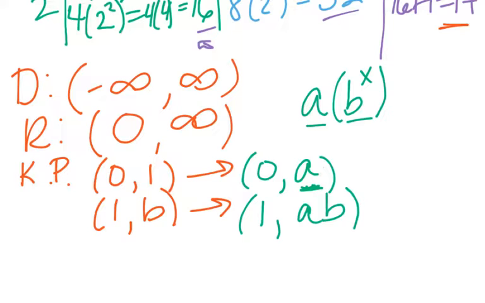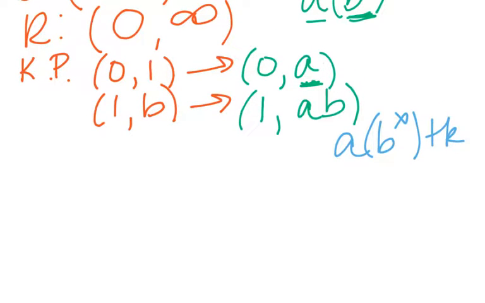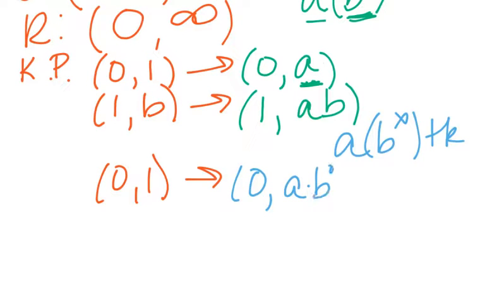Okay, so that's for a times b to the x. If we were doing a times b to the x plus k, our key points, instead of being 0, 1 or 0, a, it now becomes 0, we know a times b to the 0 is just 1, plus k. So this is a plus k.